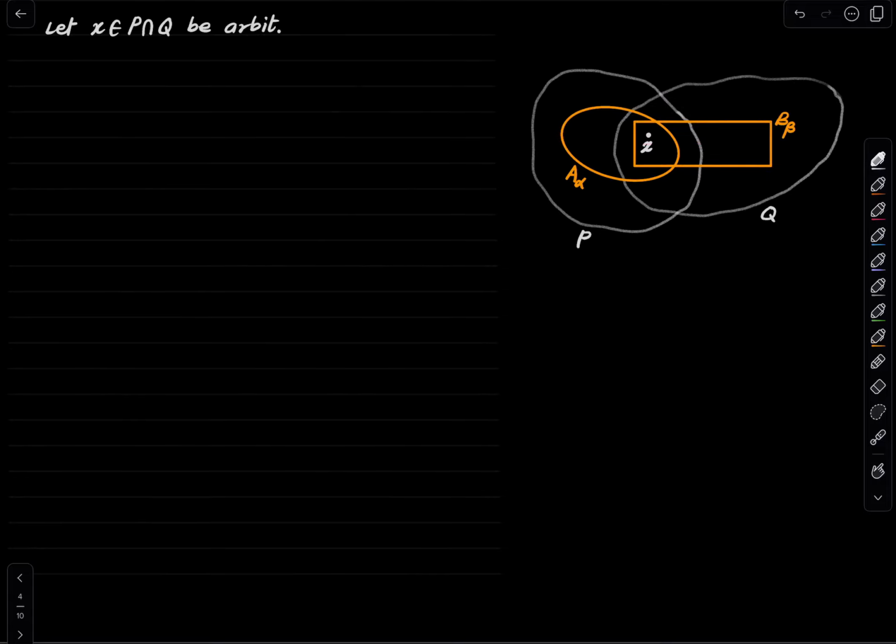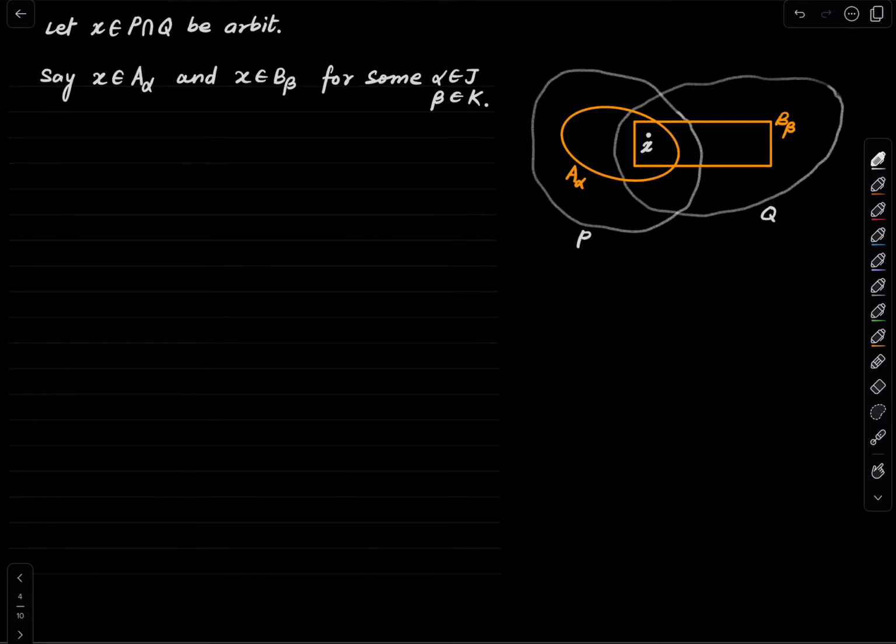So in writing, we will say that x is in A alpha and x is in B beta for some alpha in J and beta in K.